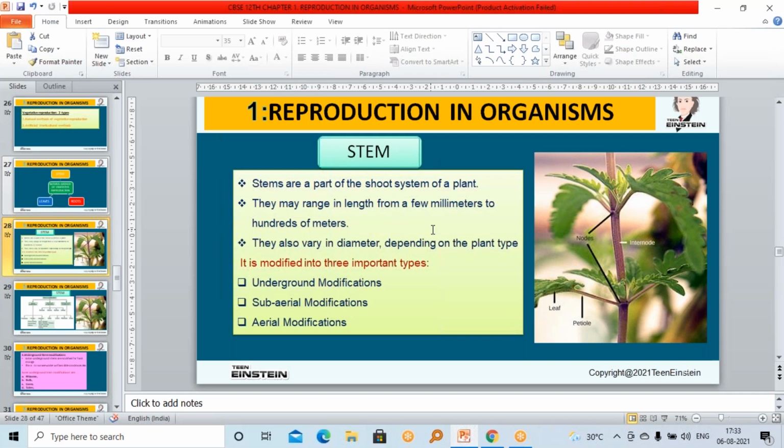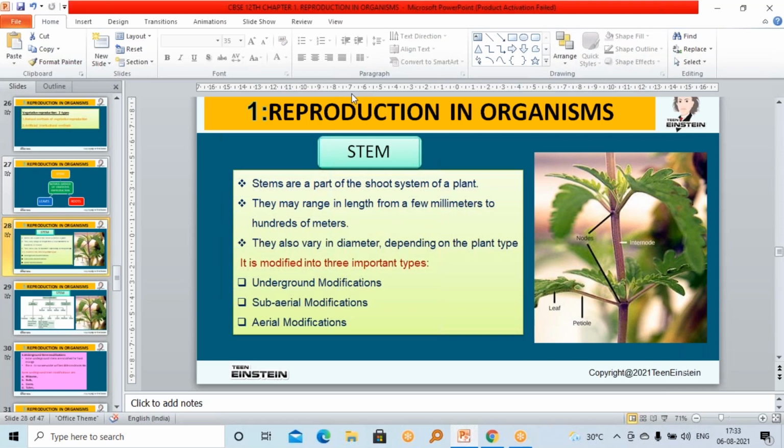For all these different functions, some modified parts are performing different types of function, not the normal function, which is conduction of water and nutrients.